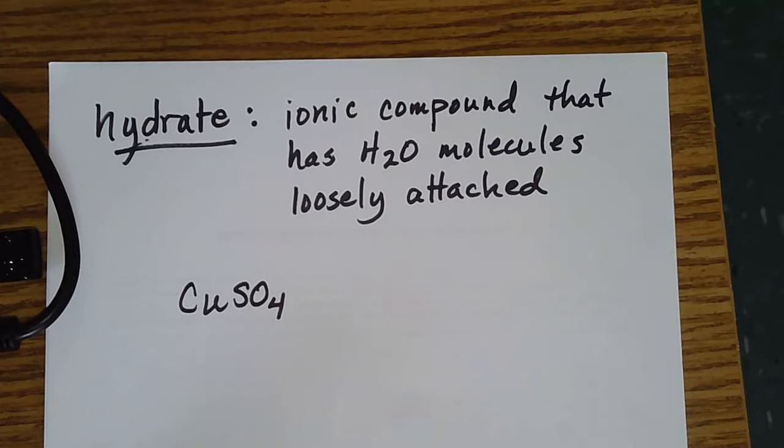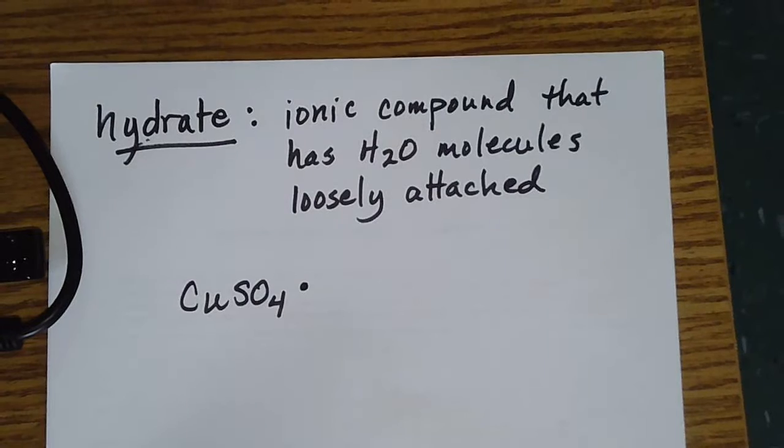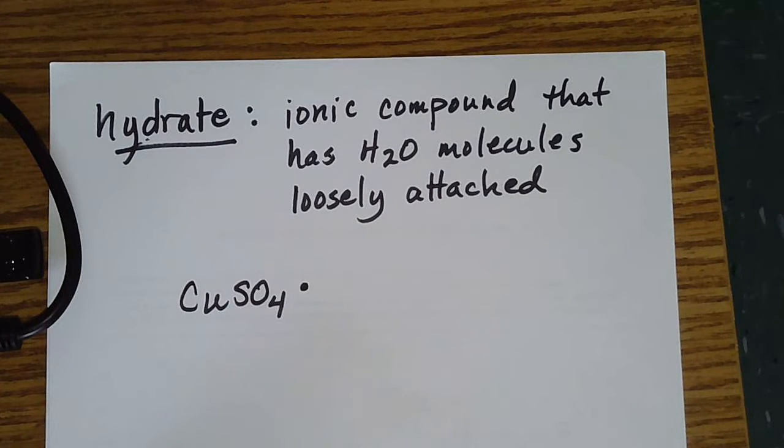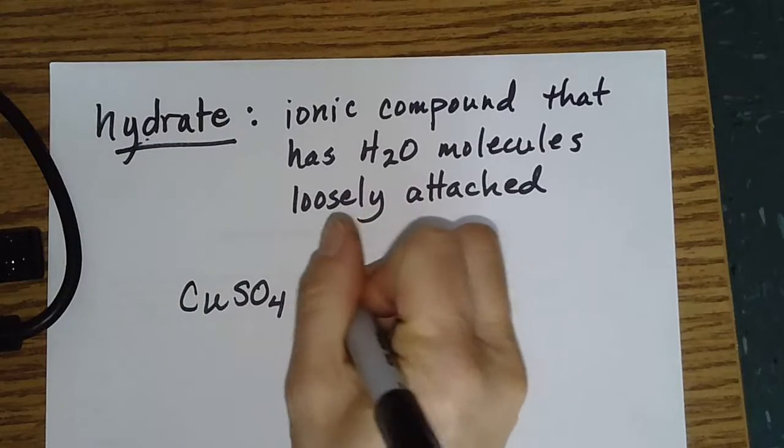Since it's a hydrate, I just told you this is copper 2 sulfate hydrate. The way chemists represent that is by putting a dot. Now, what does that dot mean in math? Multiplication. It does not mean that in chemistry. In chemistry, the dot indicates to us that this is a hydrate. And then we would write a certain number.